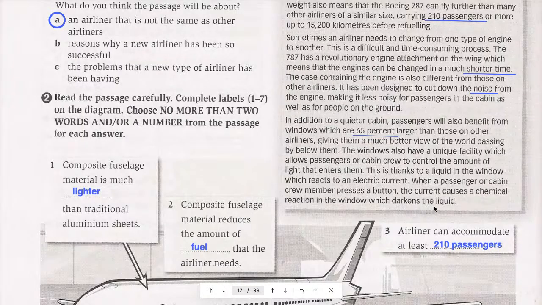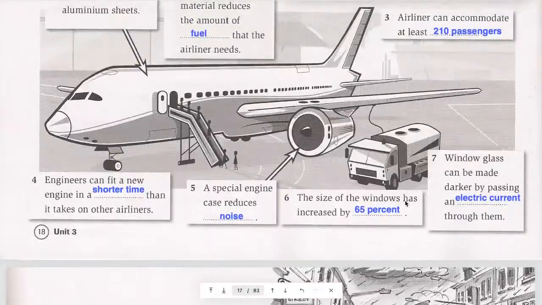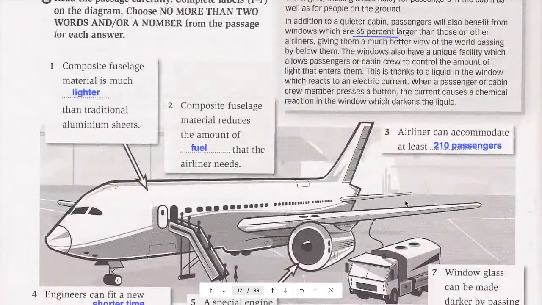They are talking about that. So you have to choose either electric current or liquid, right? Which one should you choose? Why should you choose electric current and not liquid?